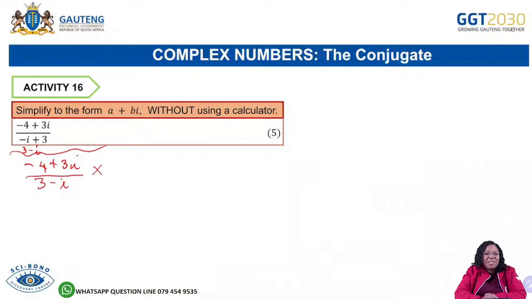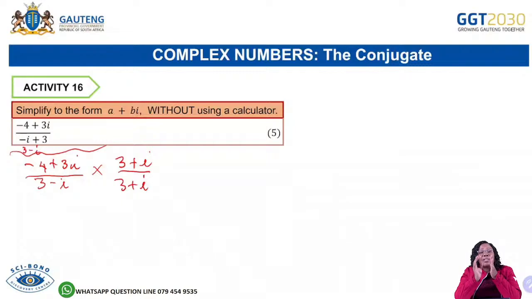We are going to multiply by its conjugate in order to simplify this division. This will be 3 plus i. Remember, we change only the imaginary part. So we ensure that it's 3 plus i over 3 plus i, because multiplying by 3 plus i over 3 plus i is the same as multiplying by 1. Remember, 2 over 2 is 1, 100 over 100 is 1.